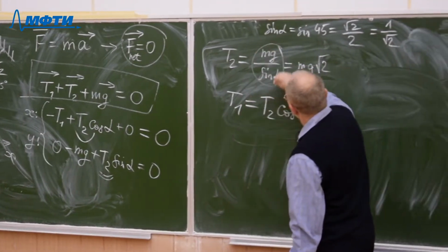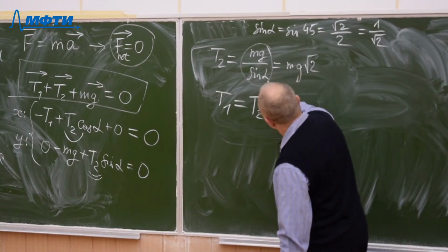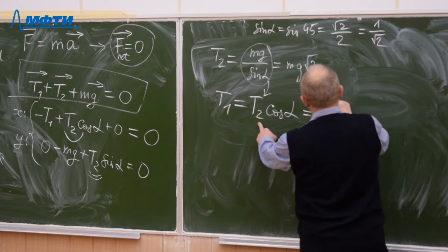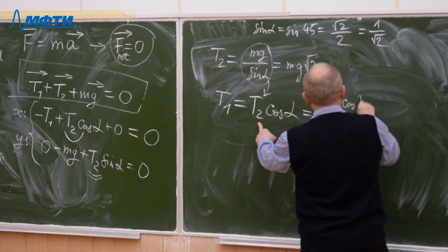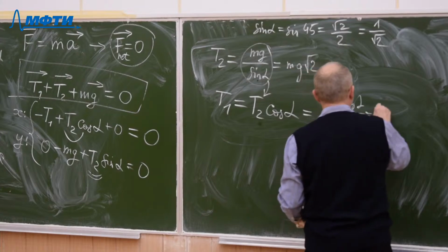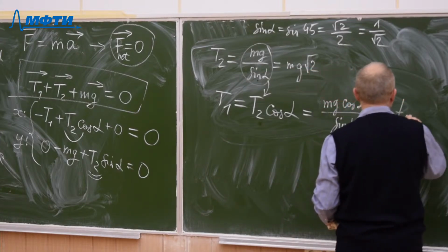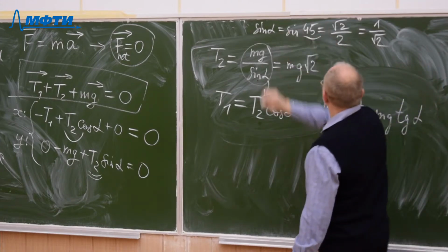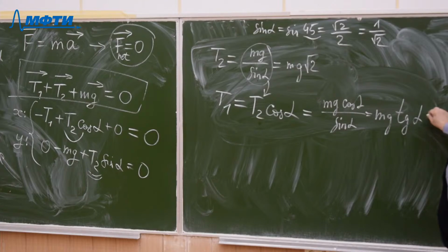This expression should be substituted for T2 here. So we obtain mg cosine alpha over sine alpha, which is mg tangent alpha. But if alpha is 45 degrees, then the tangent of 45 degrees is just unity.